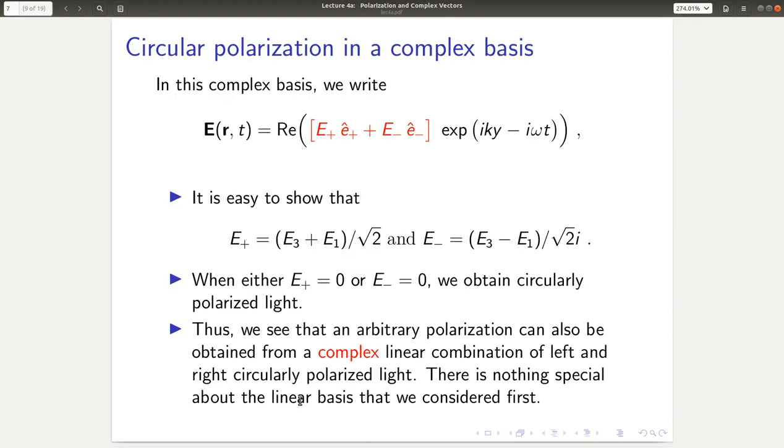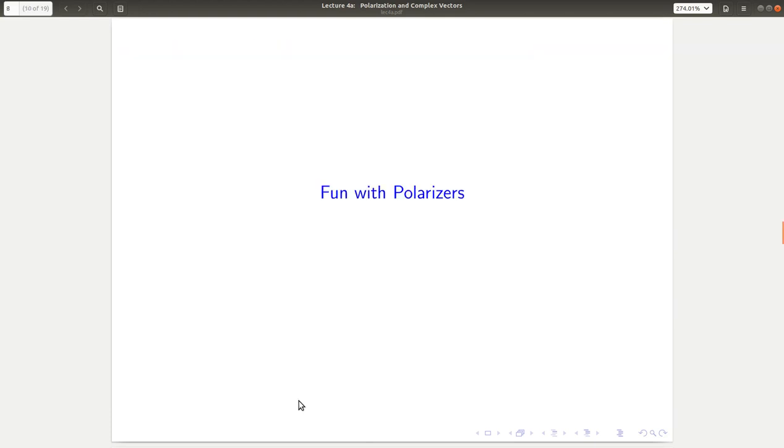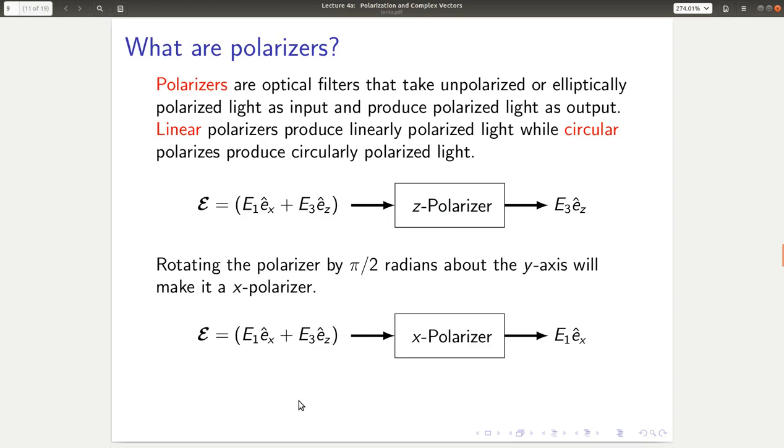Okay. So now we are ready to play some fun games with polarizers, and I will do some simple examples, but I will let you play with more complicated ones on your own. So first thing is, what are polarizers? These are optical filters, and there are many ways of constructing them. I suggest you look up on the net, but for us, we just want to know what they do.